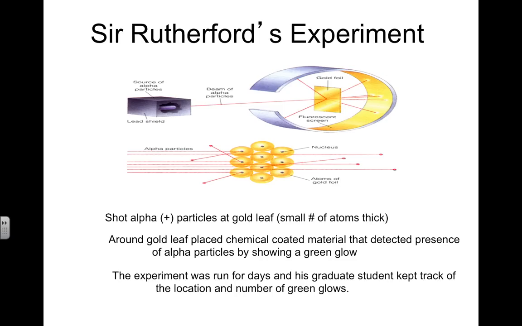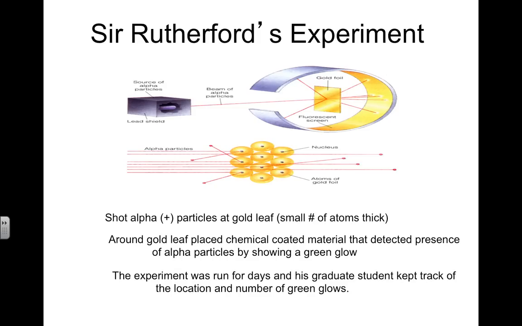Okay, this is a better way of looking at it. He put the gold leaf into a cage of a material that when the alpha particles hit it, think of it as putting the gold leaf inside of a basketball, and the inside of the basketball is coated with this material that when an alpha particle hit it, it would shine a green glow.